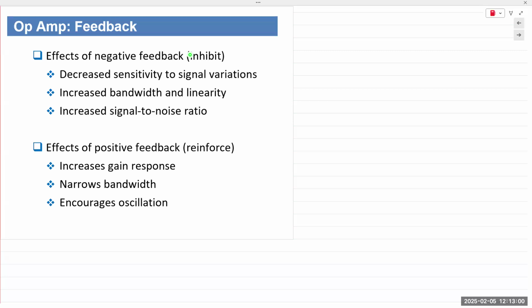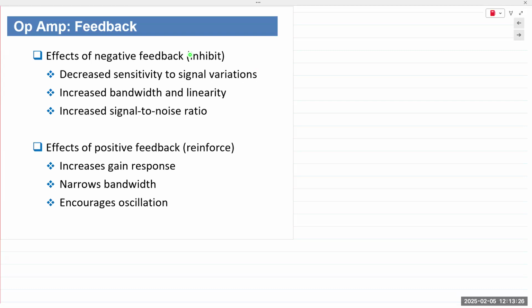So negative feedback results in a decreased sensitivity to signal variations, meaning if your input signal changes, your OpAmp response is not fast enough. Okay, so decreased sensitivity. However, it increases the bandwidth of operation, also improves the signal to noise ratio.